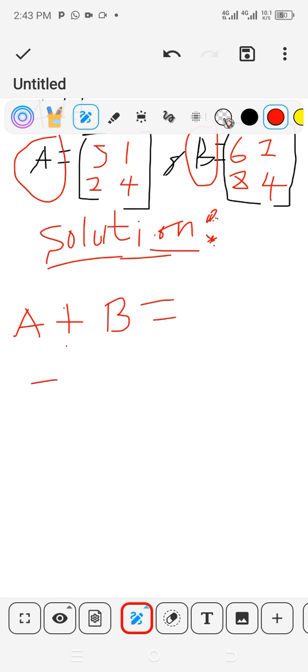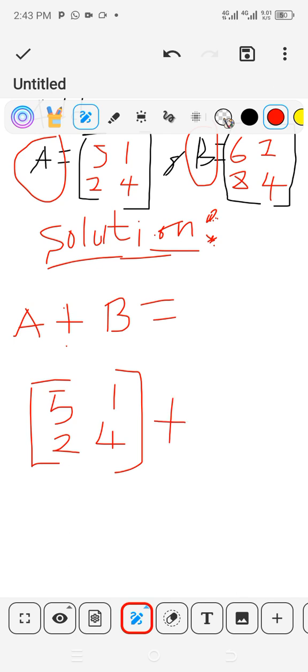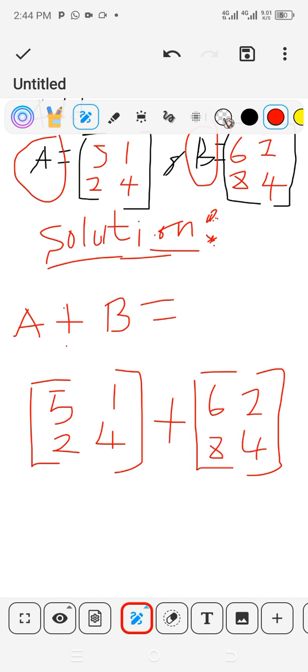We have 5, 2, 1, and 4. It's a 2 by 2 matrix, plus matrix B. What are the elements of matrix B? We have 6, 2, 8, 4.